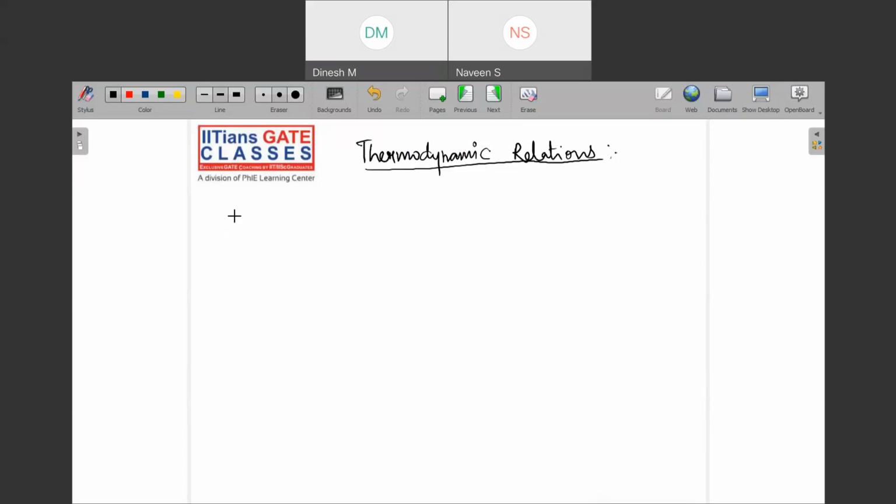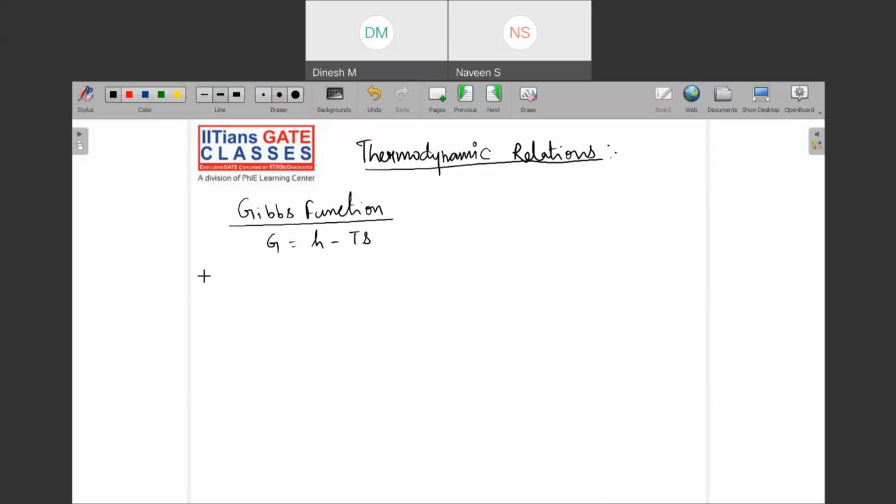One very important thermodynamic relation is the Gibbs function. Let us understand the Gibbs function. Directly they would ask what the Gibbs function is. G is equal to H, which is enthalpy, minus TS. This is the Gibbs function.